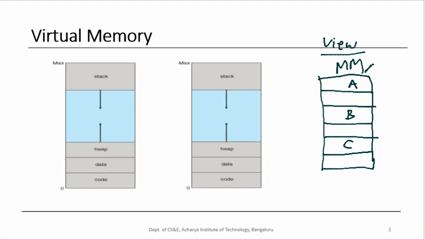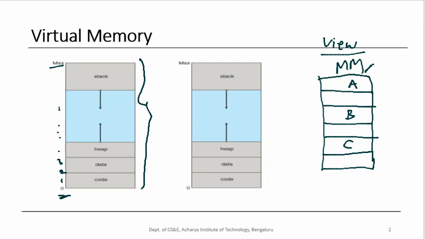So what a programmer would like to see is a process having addresses like this, starting from 0 to max. The first byte is stored at address 0, the second byte is stored at 1, the third byte is stored at 2, 3, and so on. This is what a programmer would wish a process or a program to look like.